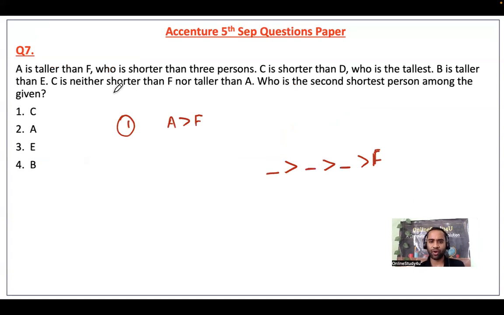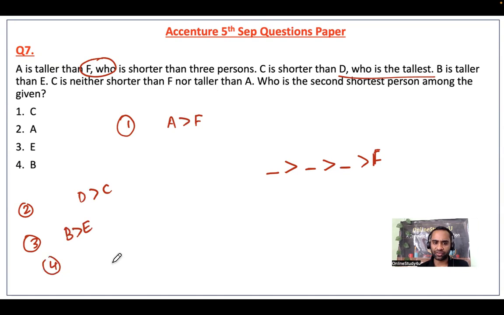So A is taller than F, who is shorter than C. C is shorter than D. D is the tallest. B is taller than E, and C is neither shorter than F, that means C is taller than F, not taller than A. That means A is taller than C. Okay, fine. Who is the second shortest person among the given?